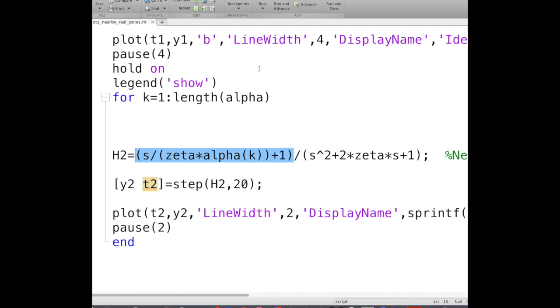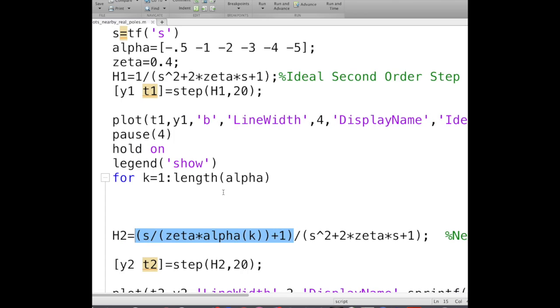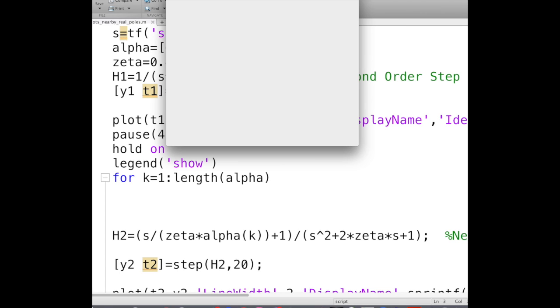We're going to step through that in a loop, just like we did before, and we can see the effect on an ideal second order step response in the case where we have a nearby real and right half plane zero. Okay, so let's run that.